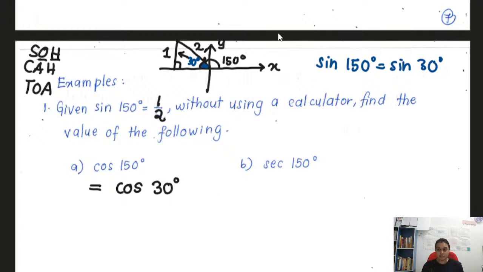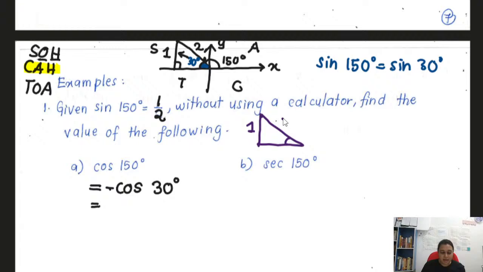We are changing to cos 30. But all science teachers crazy. So here the S only must be positive. Therefore, cos kita akan jadi negative. Okay, cos kita guna apa? What we use for cos? Adjacent. Okay, so I just draw the triangle only. You all see.